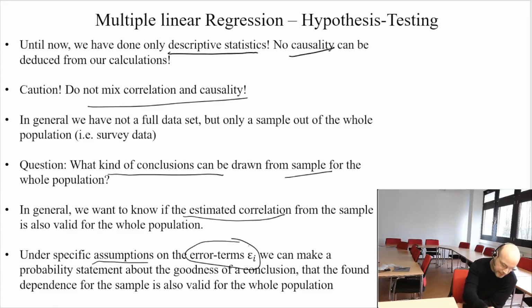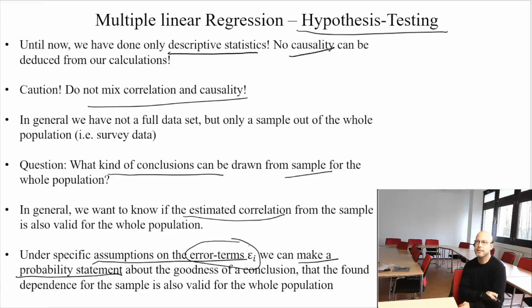So with these assumptions, we then can make a probability statement. Let's say with 90%, we can directly draw the conclusion that if we found in our data set a high correlation, we also find a high correlation in the whole population. And this is what we call hypothesis testing.